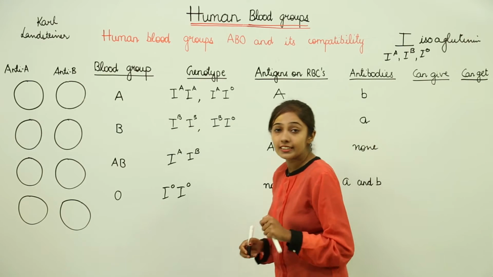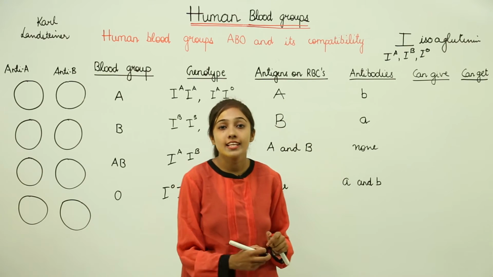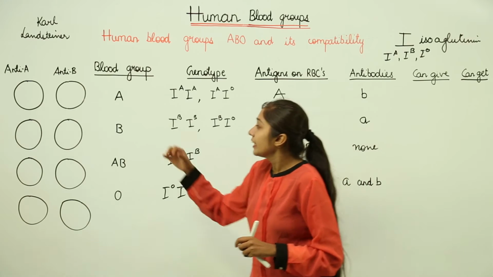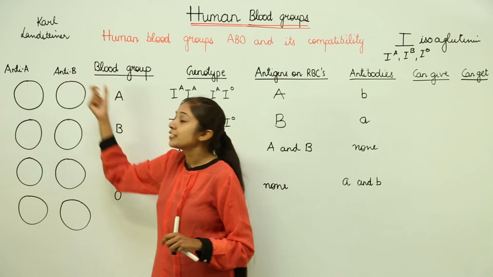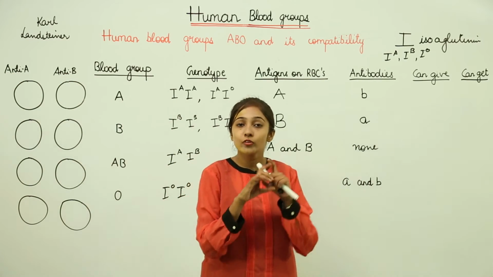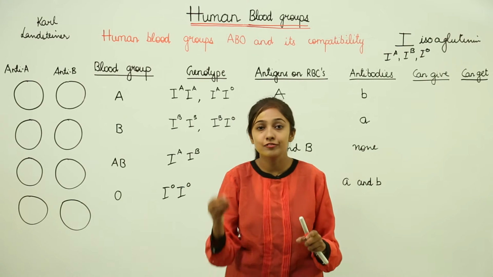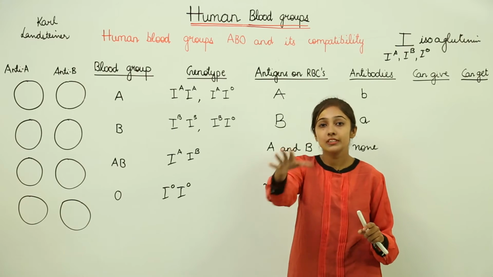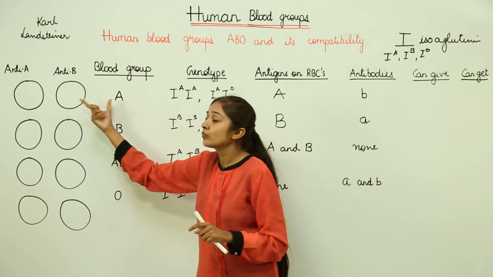Now the question arises, how can we actually test the blood group of a person? For that we have anti-A serum and anti-B serum. What we are going to do is take a blood sample from the person whose blood group you want to determine.